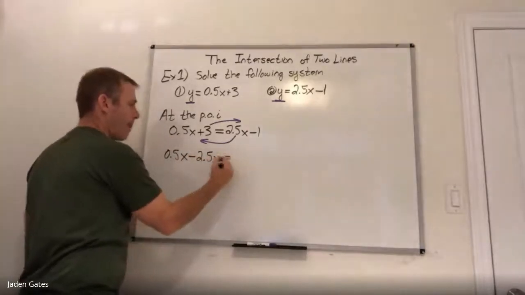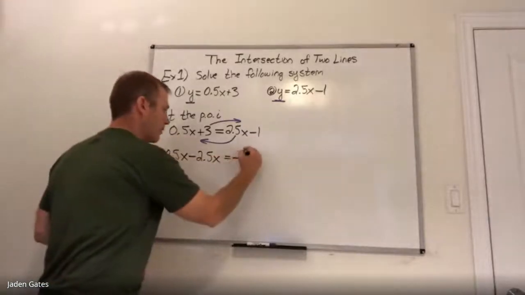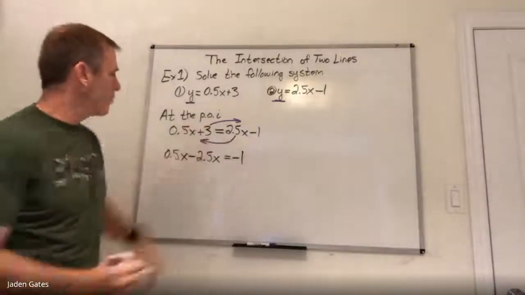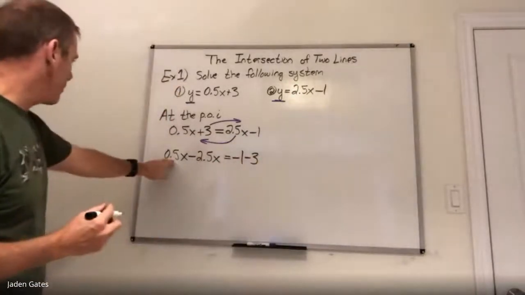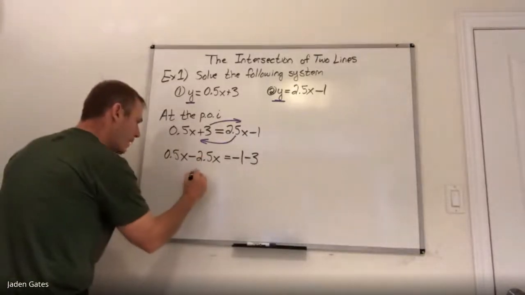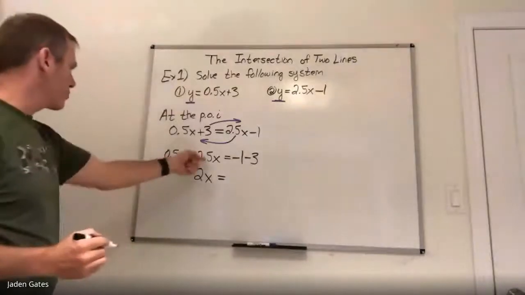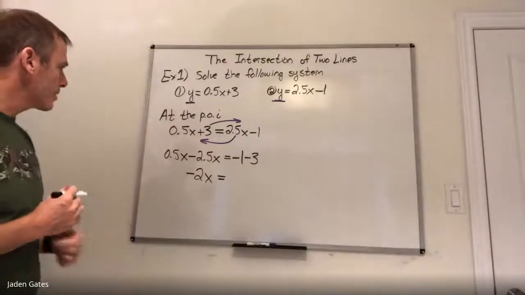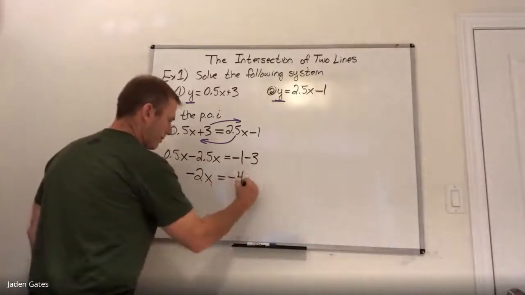On the other side here, I have a minus 1, and then the 3 is moving over, so it's a minus 3. Okay, so now I have 0.5 minus 2.5. That's going to give me a negative 2x. It's like 50 cents minus $2.50, so I'm down $2. And over on the other side, minus 1 minus 3, that's a minus 4.